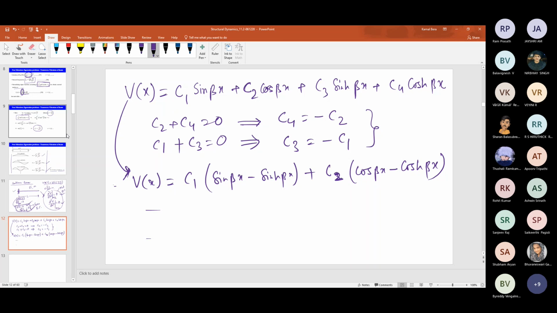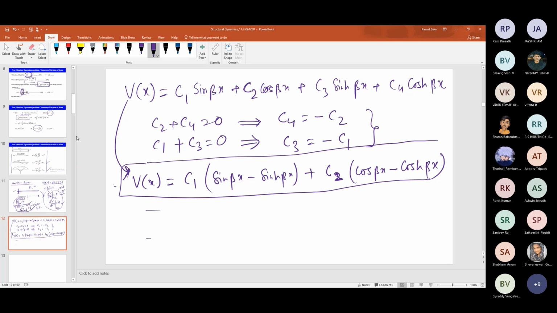Anybody has any difficulty in getting this expression? Any difficulty? No. Good.